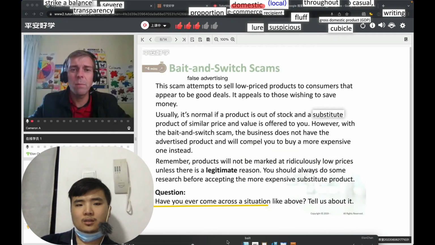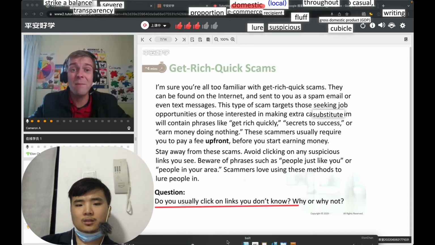So we spoke about the bait and switch scam, and the first one we read about was the get rich quick scam. You ever seen something like this before?